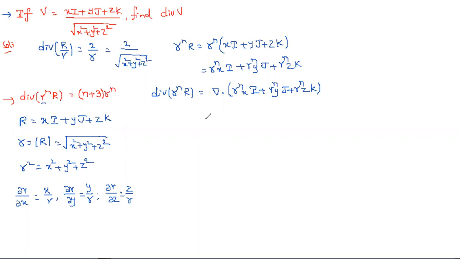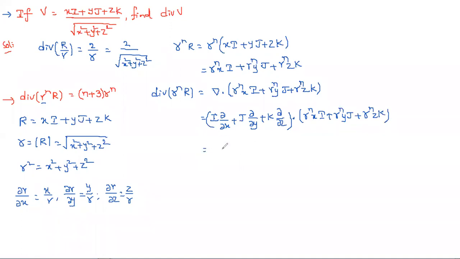And here del dot is simply i ∂/∂x + j ∂/∂y + k ∂/∂z, dotted with r^n x i + r^n y j + r^n z k.